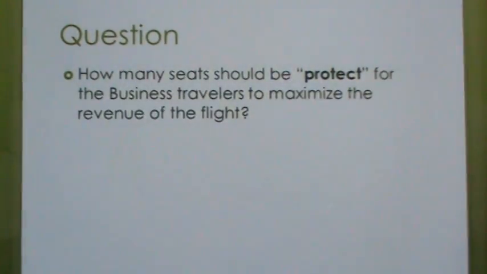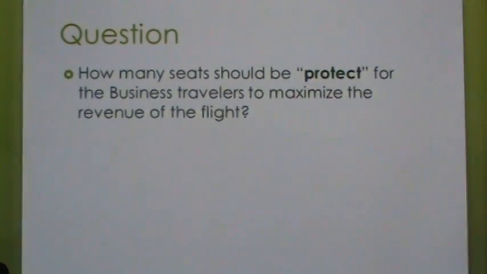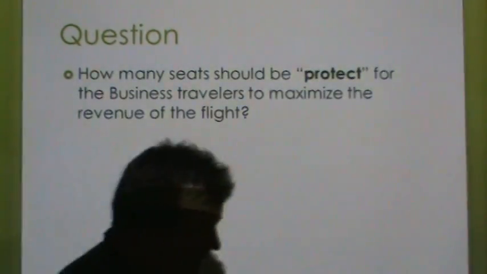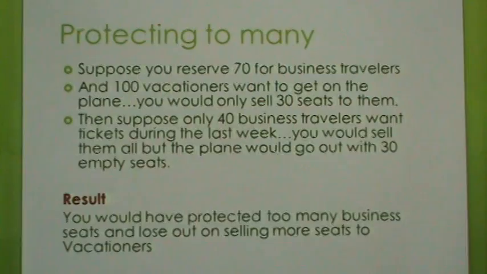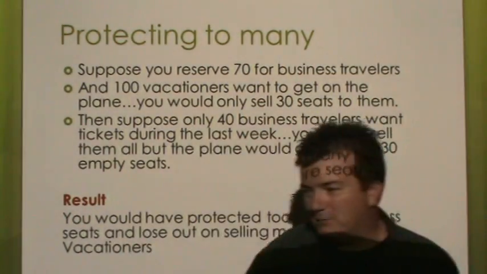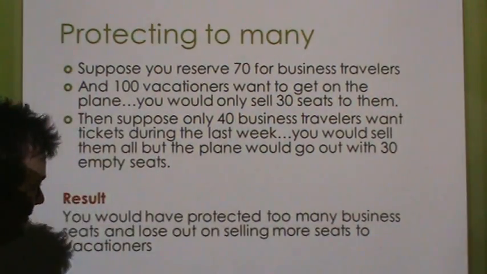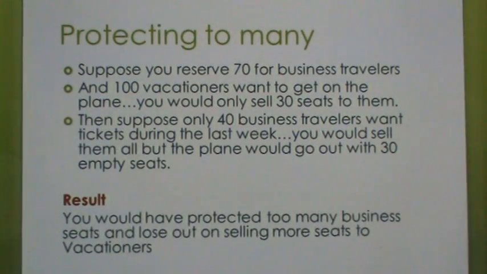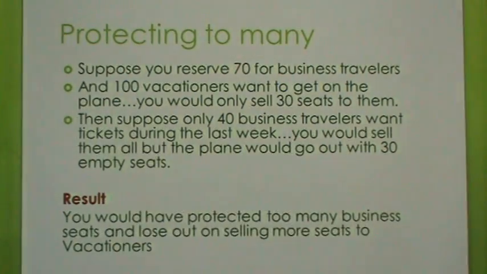What that means is we'll sell up to 50 for people who want to book more than 7 days in advance. And once we hit the limit of 50, we stop selling to them. And then we can switch to the higher price. So the goal of our examples is going to be to find that protection level, is typically what they call it.